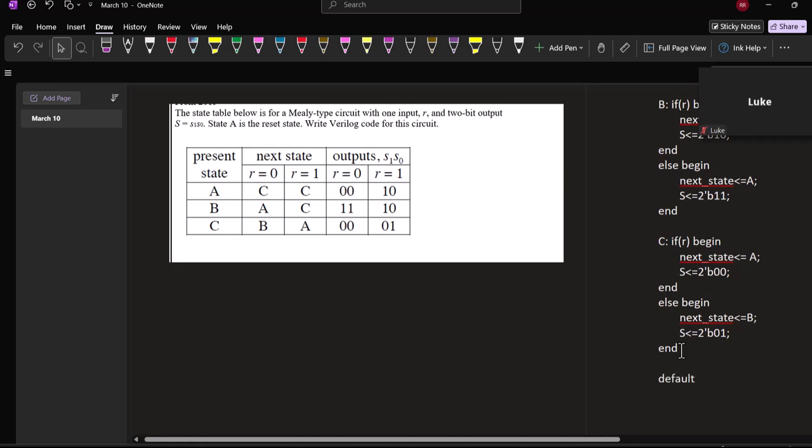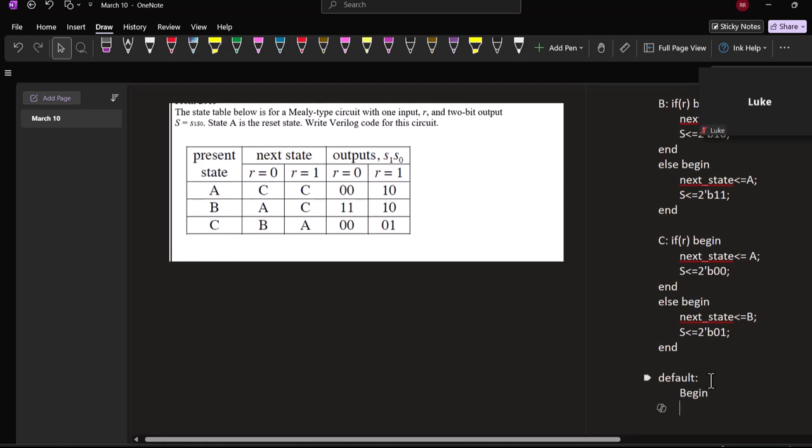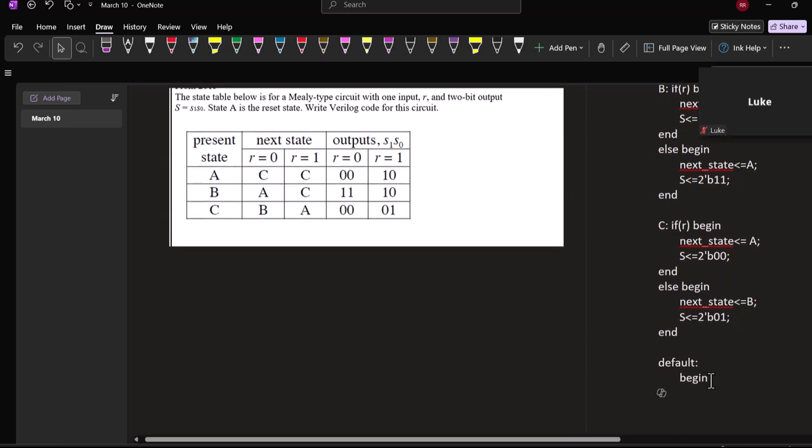Your default can be whatever you want because you're not expecting to use it. I will need a begin here because I'm not going to have an if, because I don't care what my input is here. I just need to set a next state and an output.